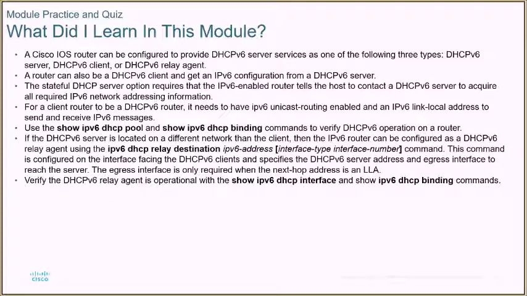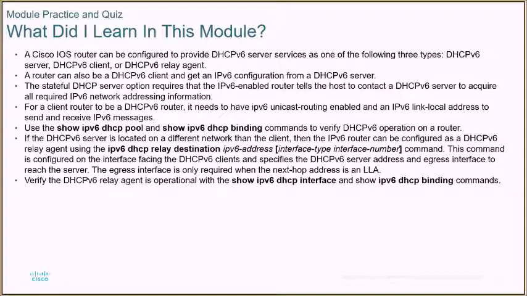For a router to be a DHCPv6 server, it needs to have IPv6 unicast routing enabled and an IPv6 link local address to send and receive those messages. Use the show IPv6 DHCP pool and DHCP binding commands to have a look at how that's operating.